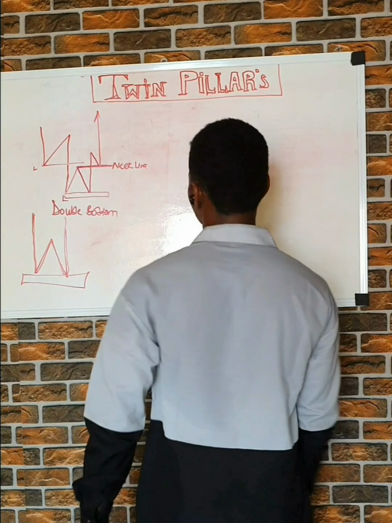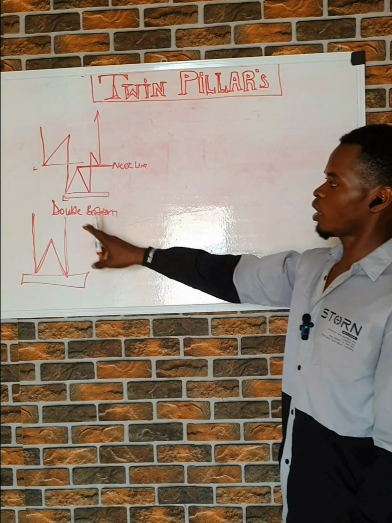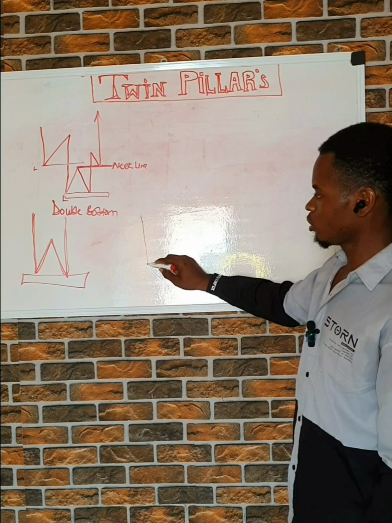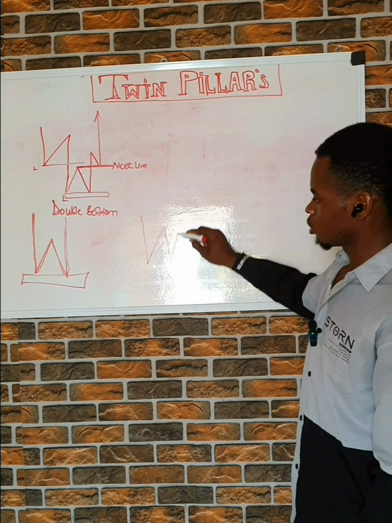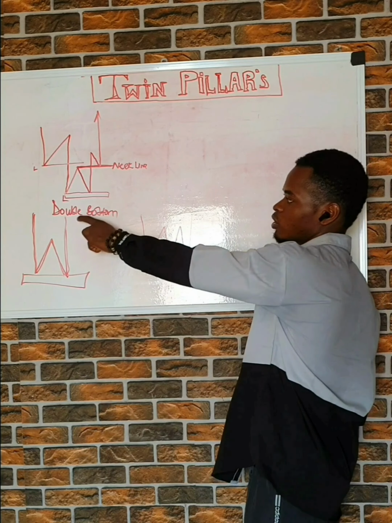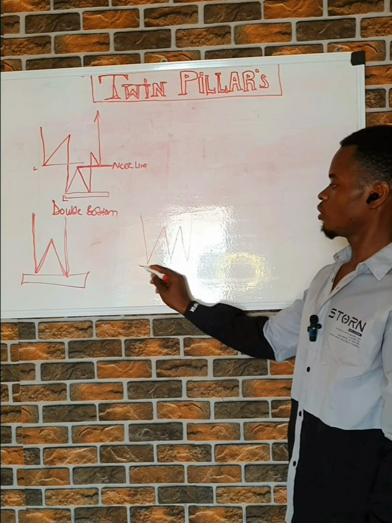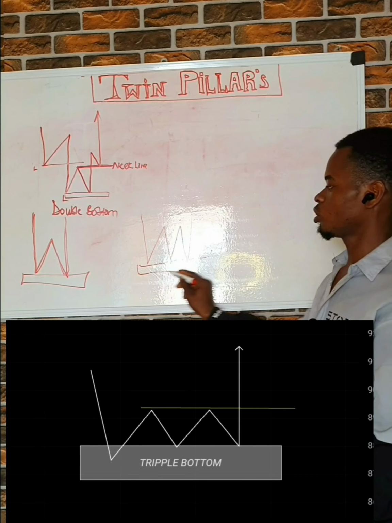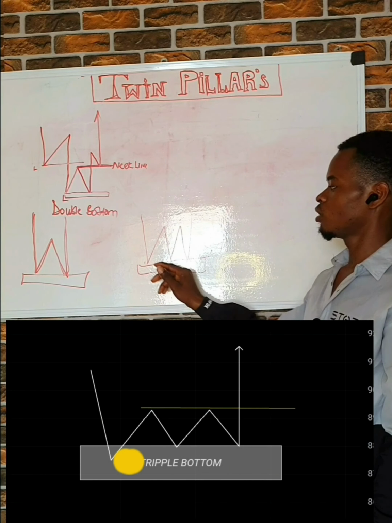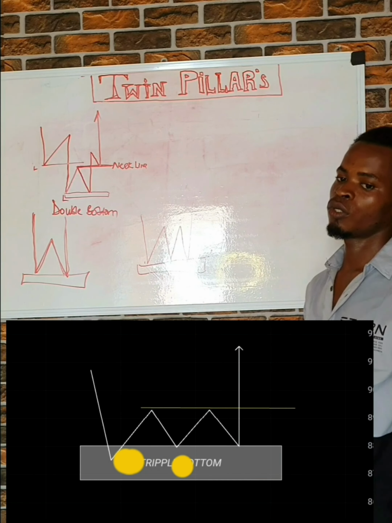So the triple bottom is just the same thing as the double bottom, but here you'll be having three touches. This is the first one, this is the second one, and this is the third one.